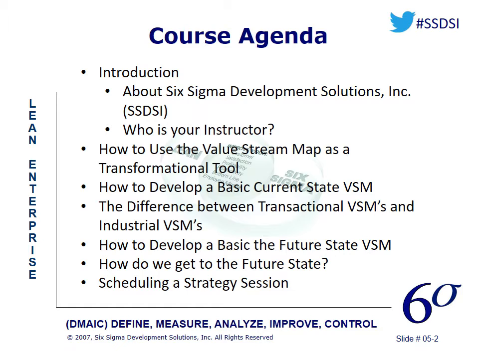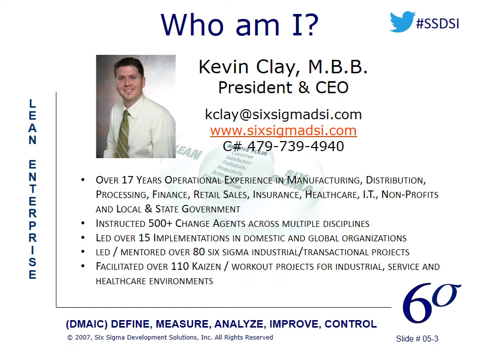We'll discuss how to develop a basic future state value stream map. How do we get to the future state? We'll answer that question. And then finally, we'll end the webinar with a discussion on scheduling a strategy session with you. So let's go ahead and move on.